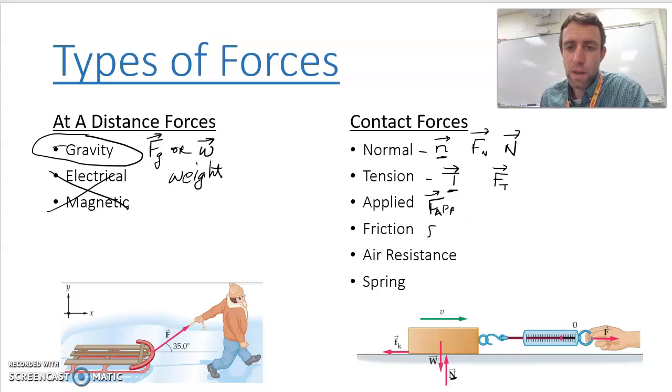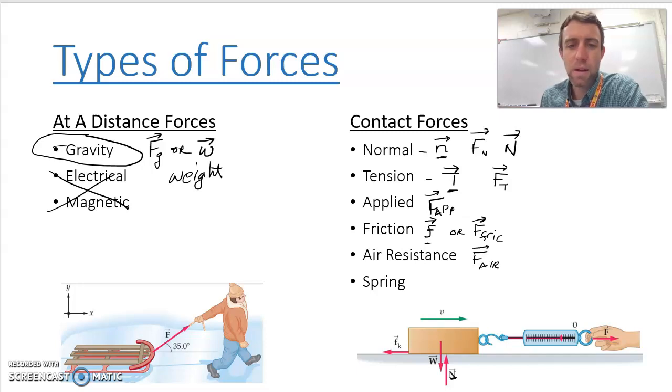Again, I will be using a lowercase f. I kind of make it a little curvy to separate it from a normal lowercase f. Or you may see capital F with a lowercase subscript, maybe sometimes you'll see it like that. But again, lowercase f, that's what I will be using. Air resistance, sometimes this is called drag. Sometimes you will see this labeled as the force of the air.